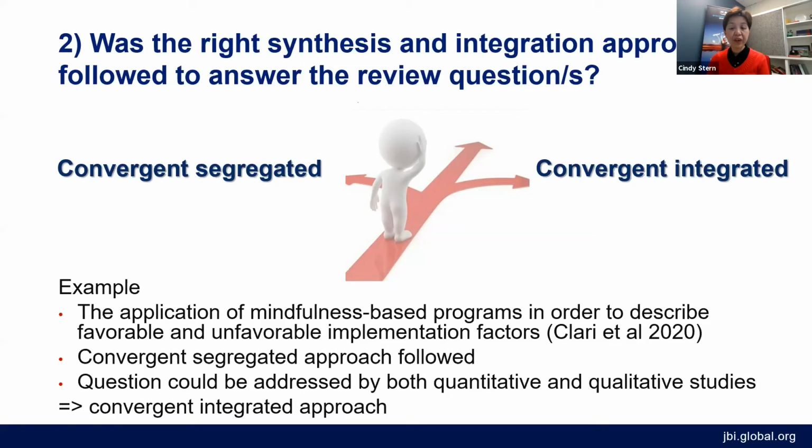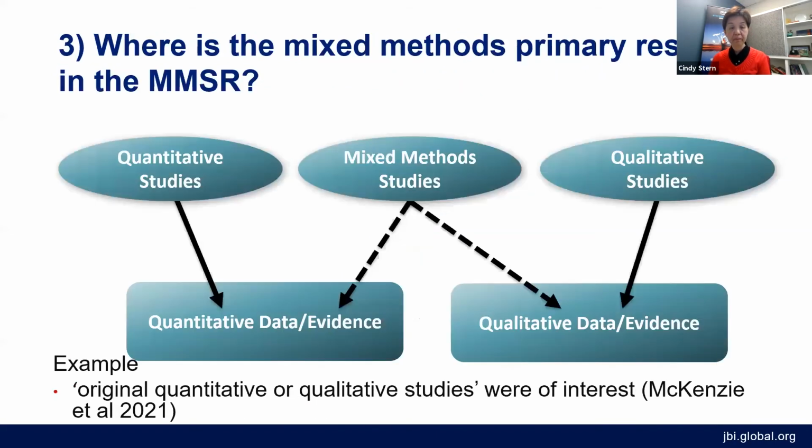However, in this review, they focused on the application of mindfulness-based programs in order to determine favorable and unfavorable implementation factors, indicating that this could actually have been addressed by doing a convergent integrated rather than a convergent segregated approach.